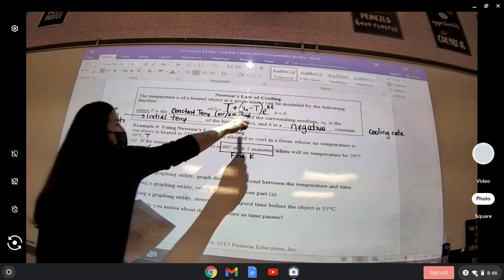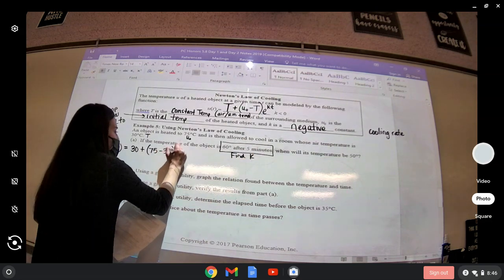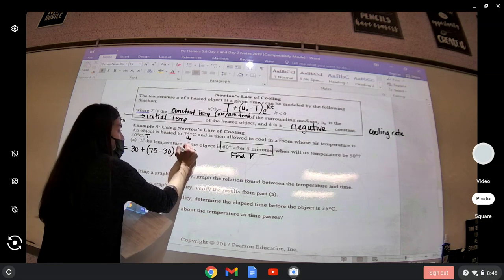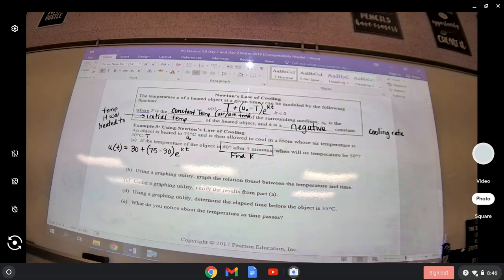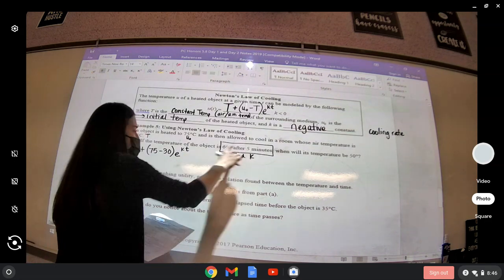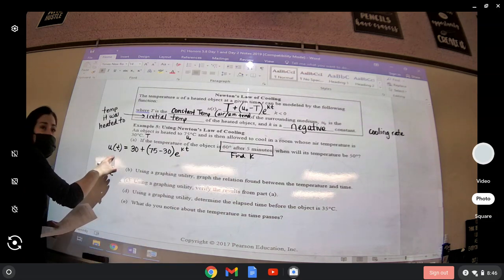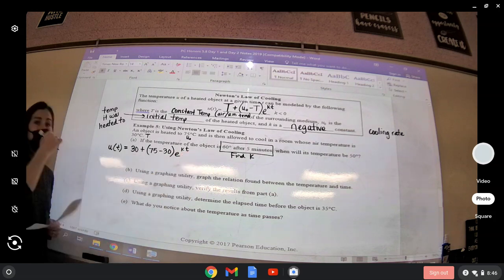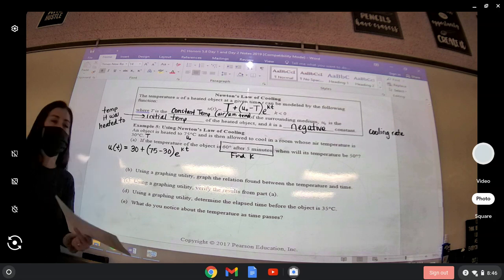And then subtract capital T, that constant air temp is 30, times e to the k, we don't know, and T is what we plug in. All right, guys, so we're gonna use the fact that it takes 5 minutes for the temperature to reach 60 degrees. So we're gonna set this equal to 60 and plug in 5 for T, and we're gonna solve for K, the rate at which this is cooling.